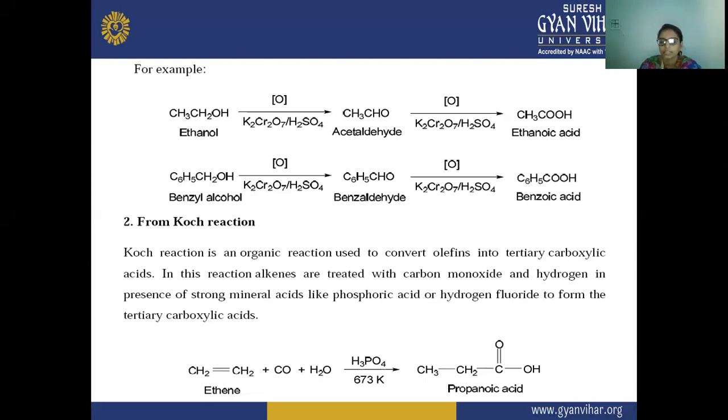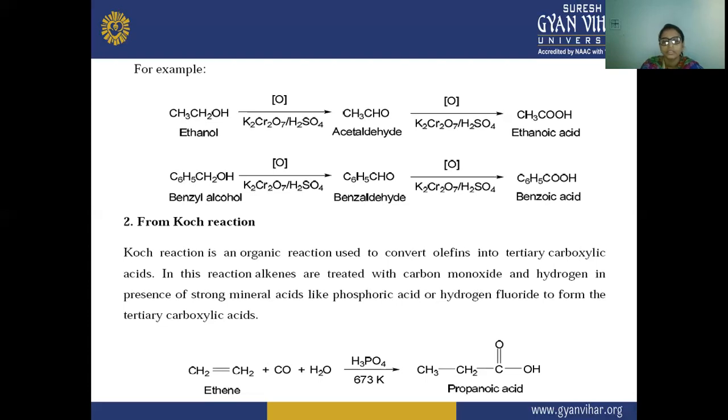So benzoic acid is an aromatic carboxylic acid formed from benzyl alcohol, which is a primary alcohol, and from here again an oxidation reaction occurs in the presence of acidic K2Cr2O7, that is potassium dichromate, and H2SO4 is acting as a catalyst here.